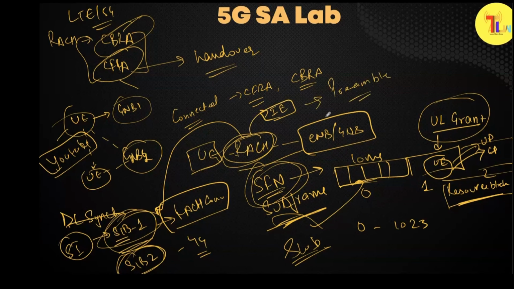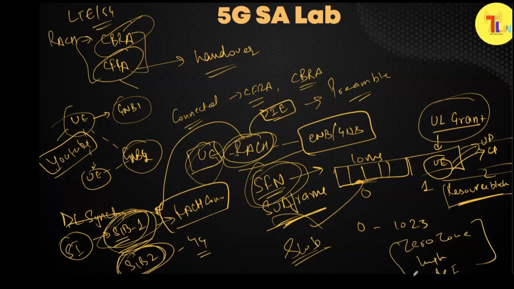It is kind of a signature, kind of a sequence number. It will generate it first of all, using some parameters. We have three parameters again coming inside SIB1 and SIB2: zero correlation zone config, high speed flag, and root sequence indexes.